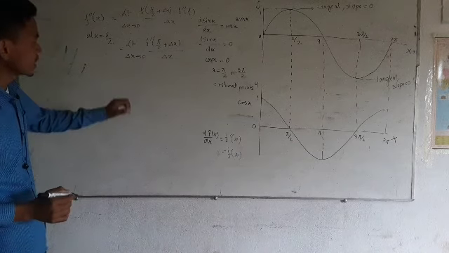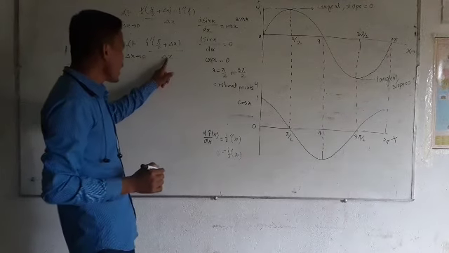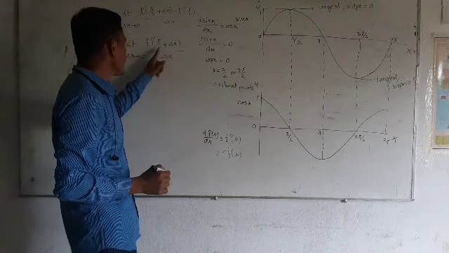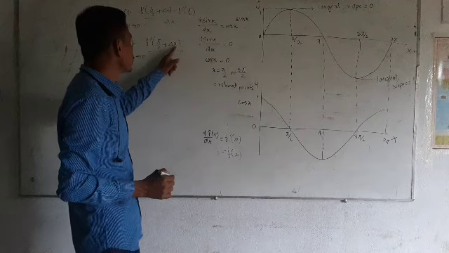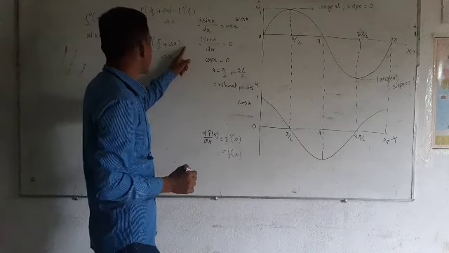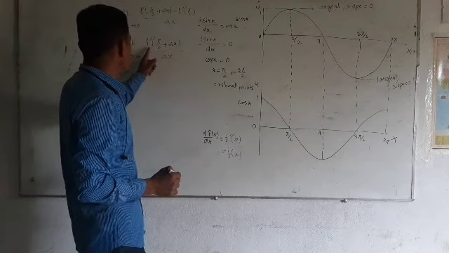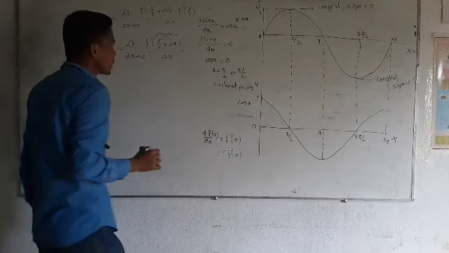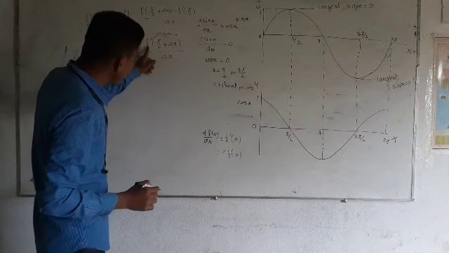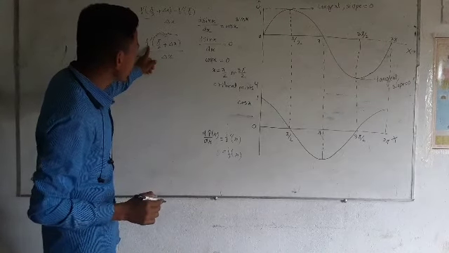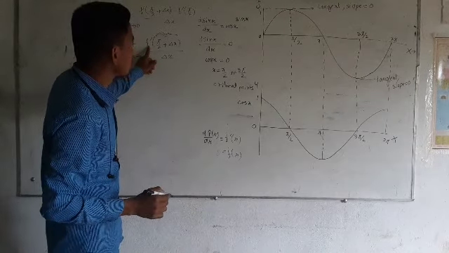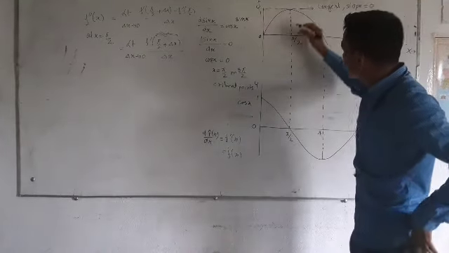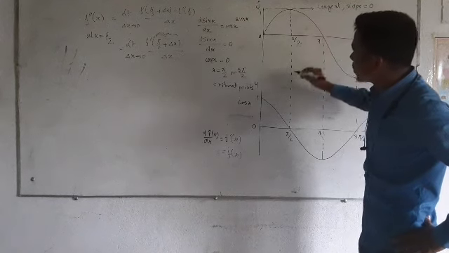Now, let's see. If delta x is a negative value, then pi by 2 plus a negative value is a value lower than pi by 2. That means this angle will be less than pi by 2. If this angle is less than pi by 2, this first order derivative will represent the slope of the curve lying to the left of the vertical line touching the angle pi by 2.